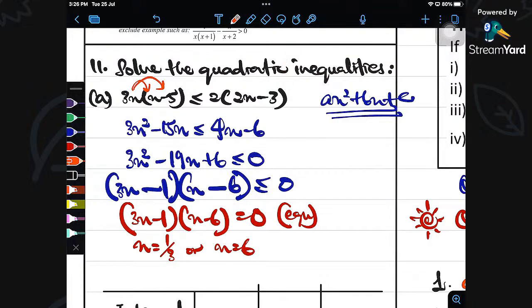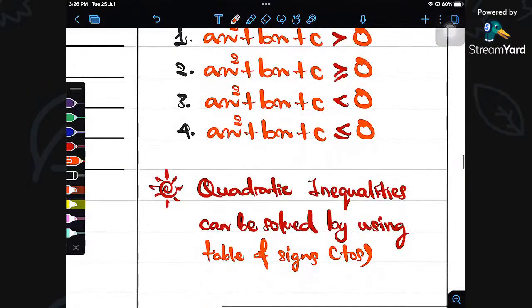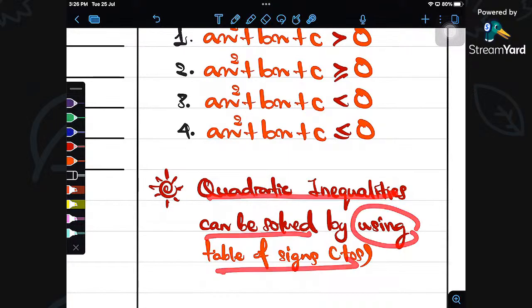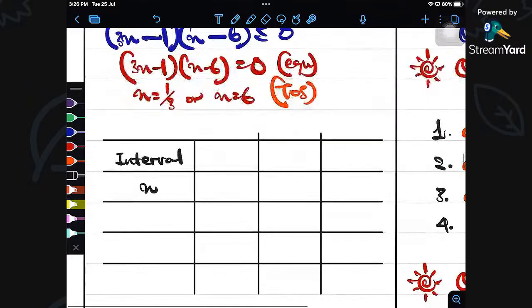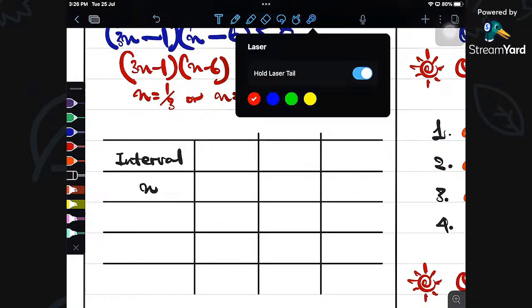We need TOS. TOS adalah table of sign. Quadratic inequalities can be solved by using the table of sign. That's why here in the notes I've given you the table of sign. This is where I given to you in exam. Of course, tidak diberi table ini.